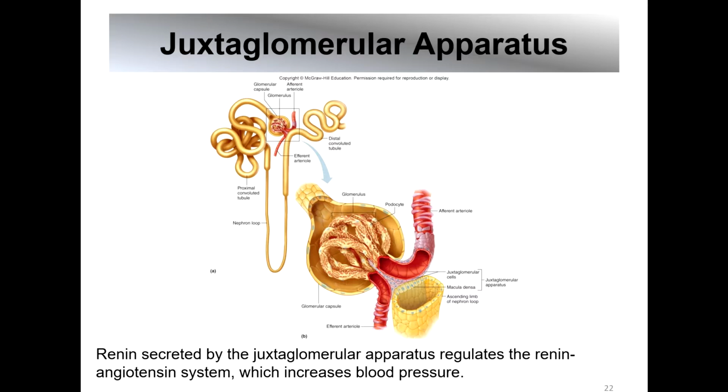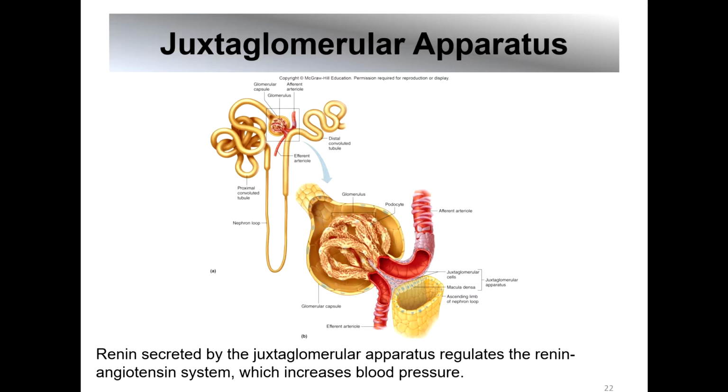Angiotensin 1 passes through the bloodstream, and it's going to reach the lungs where we have an enzyme called angiotensin converting enzyme, or ACE. And ACE is going to convert angiotensin 1 into angiotensin 2, and then angiotensin 2 will go on to have a variety of effects on blood pressure. It will raise blood pressure.